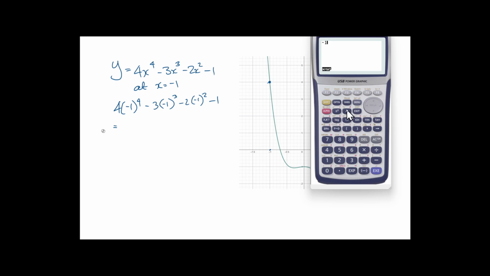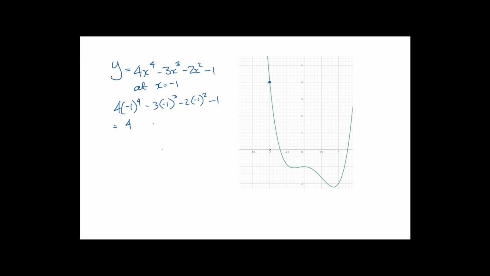-1 to the power of 4 is 1, so 4 times 1 is 4. -1 to the power of 3 is -1, so minus 3 times -1 is plus 3. -1 squared is +1, and +1 times -2 is -2.